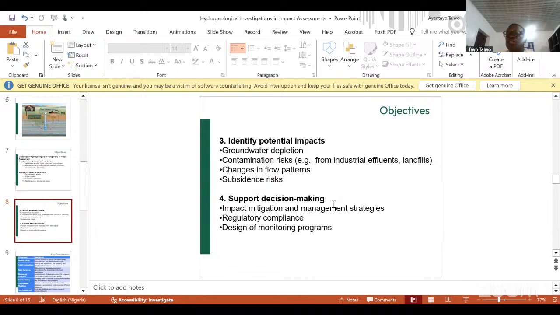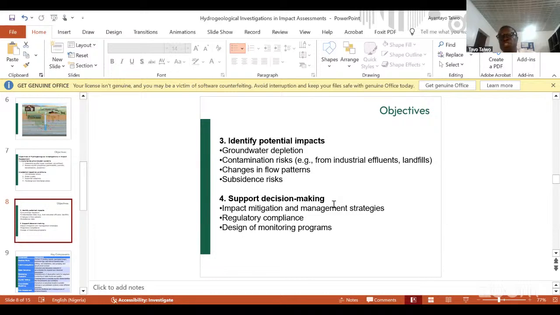Changes in flow patterns. If you have changes in flow patterns in your groundwater or water system, then there may be an issue down the line if you are not careful. And then you have subsidence risks. Let me share this with you. When you're doing mining, especially coal, underground mining, there is this term called dewatering, because once water fills into the mine, you want to dewater it. You want to take away the water.